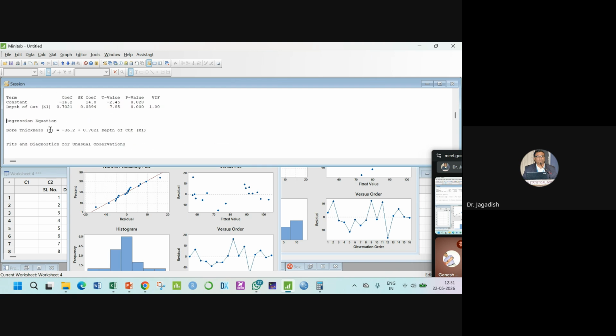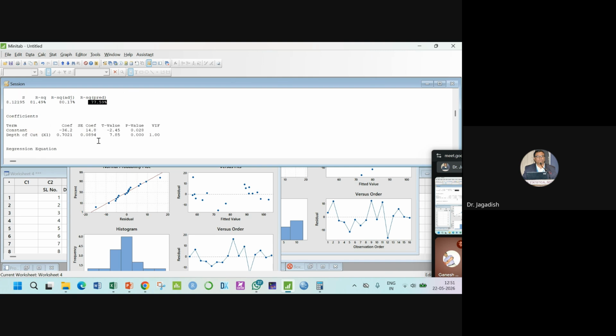So therefore, we should use the stepwise method to automatically detect the variables, and it will add the variables which are useful to the model. And this is the correct model, and the R square value is 81.49 now. R square of 81 means it is a reasonably good model, adjusted R square is 80.17, and of course predicted R square is 77.59% only.